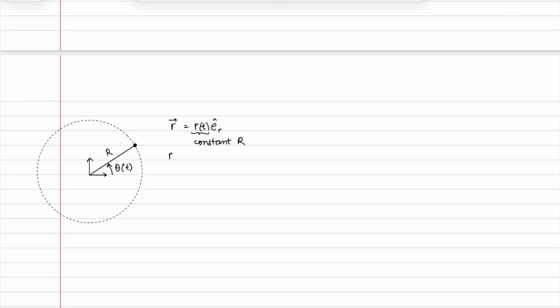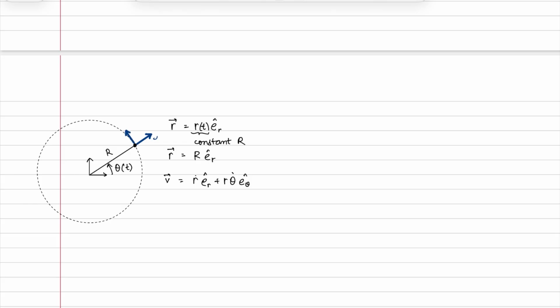So if I were to write r is equal to capital R e_r hat, now v, according to the polar coordinates, is r dot e_r hat plus r theta dot e_theta hat, right? What is e_r hat? It was radially outwards. Always remember that. And what is e_theta hat? It is in the direction of increasing theta.